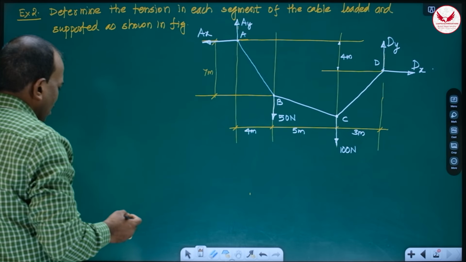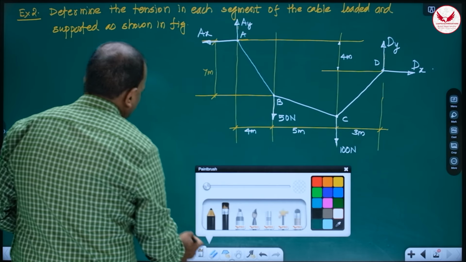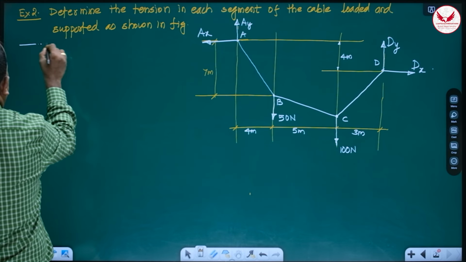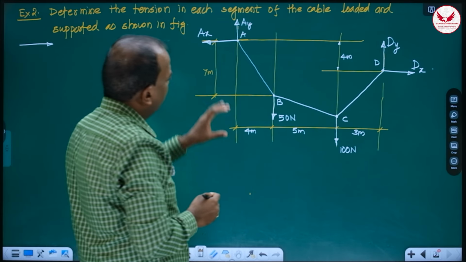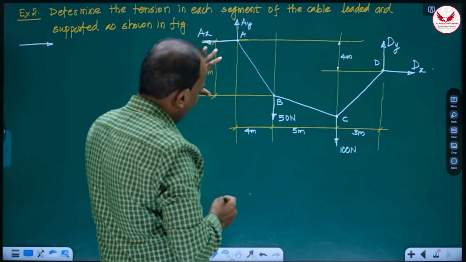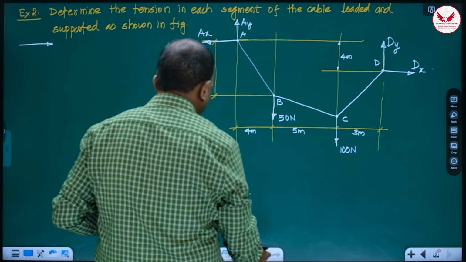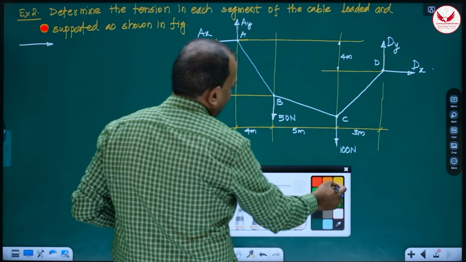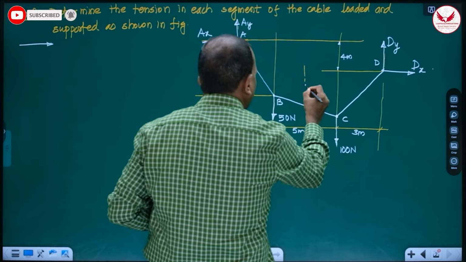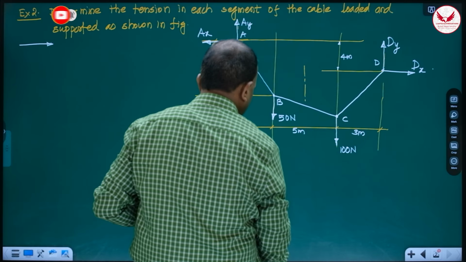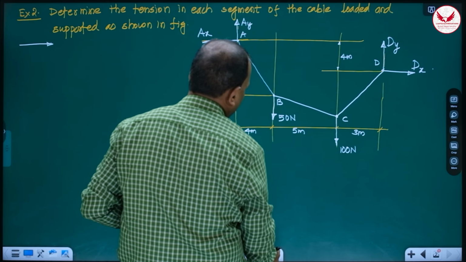Then what I'll suggest is to use this technique: instead of using the whole cable first, make use of this known sag, 7 meters, first. Then for that, initially you will have to take a section of this cable.